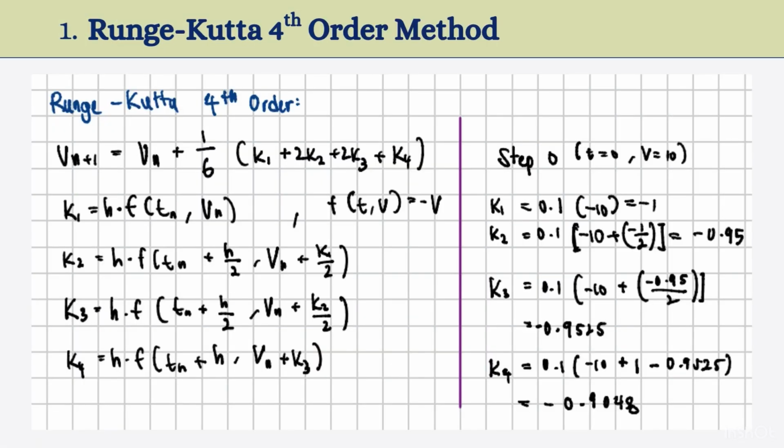The next method is the Runge-Kutta fourth order method. For this method, we will use the Vn plus 1 formula as well as the K1 to K4 formulas. For example, we will use step 0 to find the K1 to K4 values, where K1 will be negative 1, K2 will be negative 0.95, K3 will be negative 0.9525, and K4 will be negative 0.945.